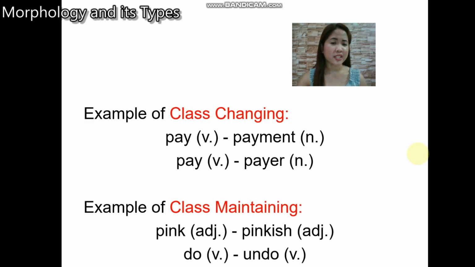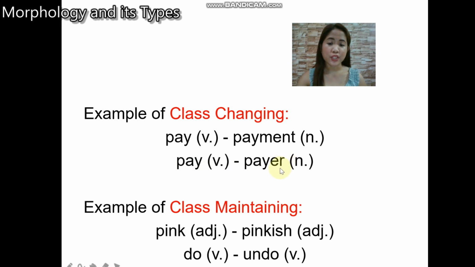Now let's have examples of class changing under derivational morphemes. We have the verb here, pay. But if we add a suffix in the form of ment, it becomes now a noun. Then we also have a verb, pay.